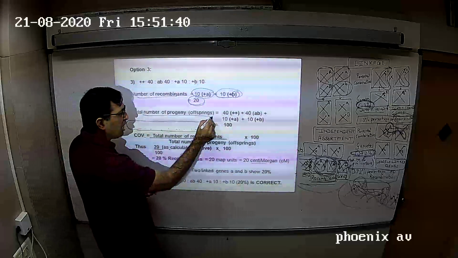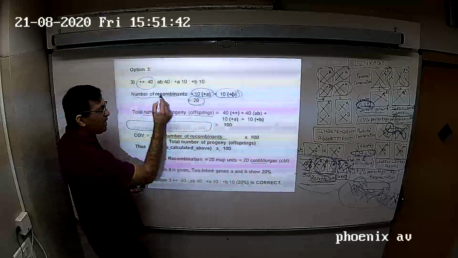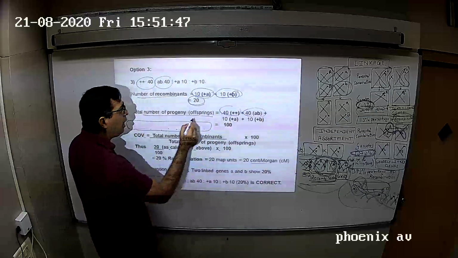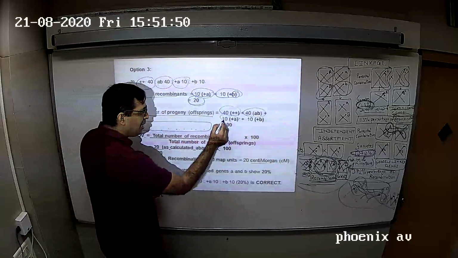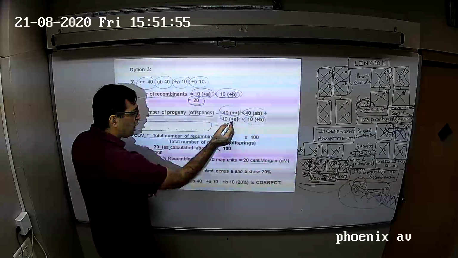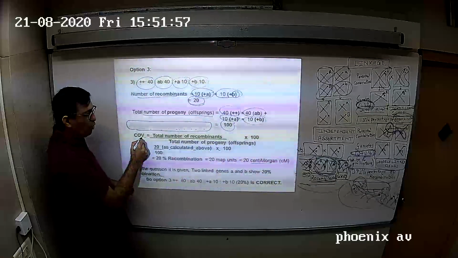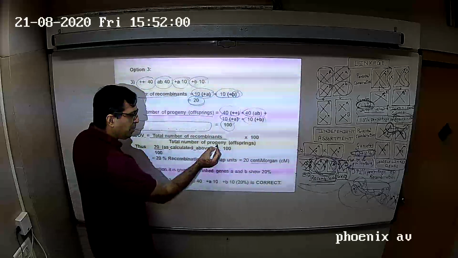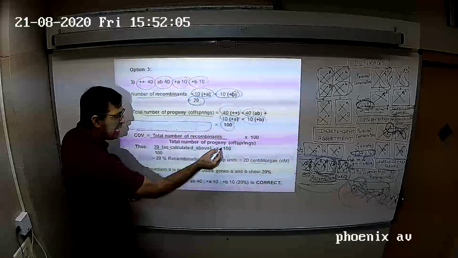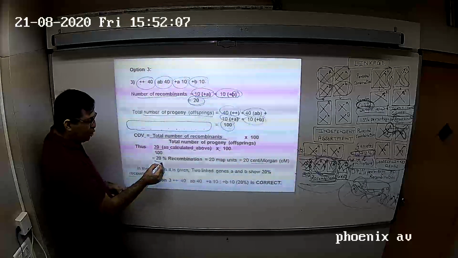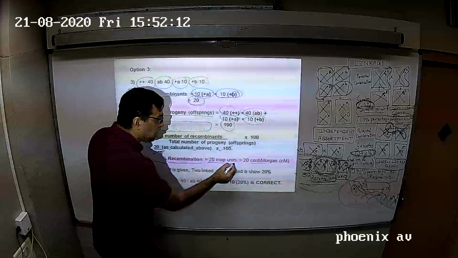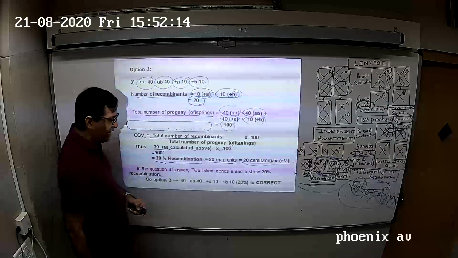The total number of progeny offspring is 40 plus 40 parental plus 10 recombinant plus 10 recombinant, a total of 100. So crossover value is number of recombinants over number of progeny offspring into 100, which is 20 upon 100 into 100, which is 20% recombination or 20 map units or 20 centimorgans.